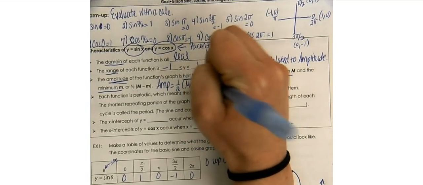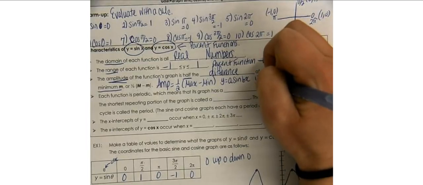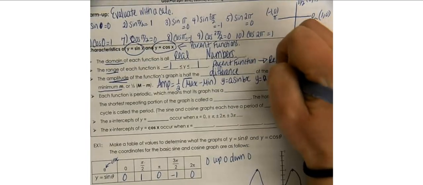But for our case, there's going to be a number right in front of your sine and cosine waves. So like y equals a times the sine of bx, and y equals a times the cosine of bx.